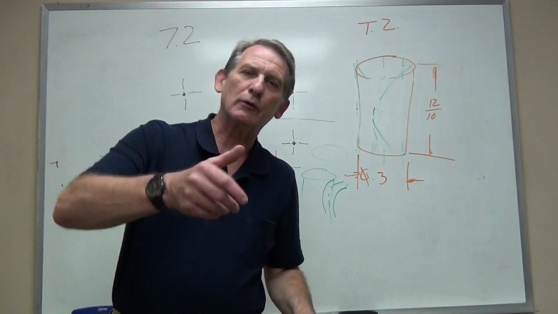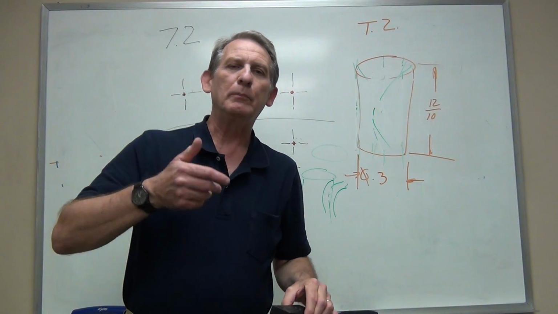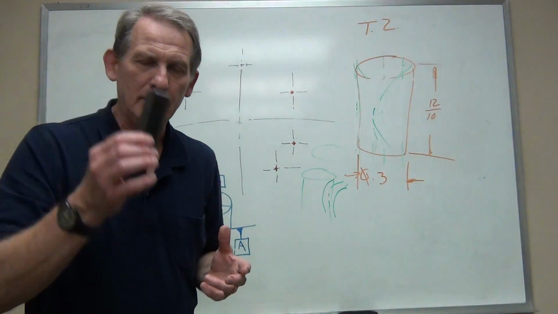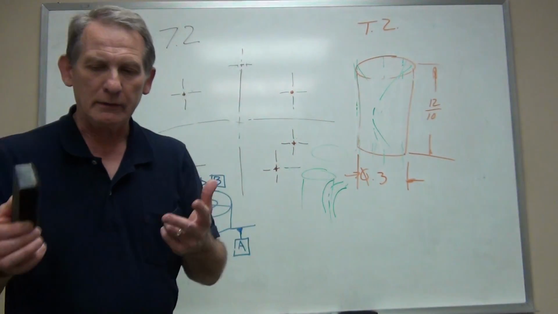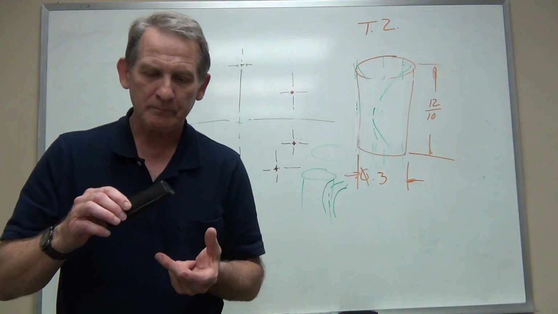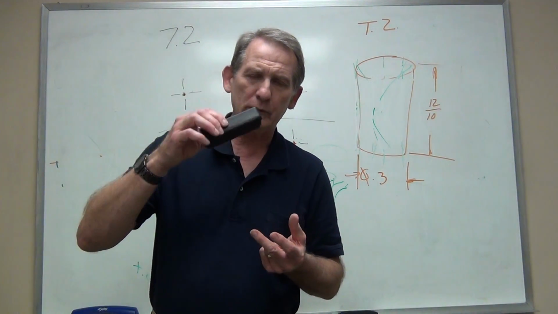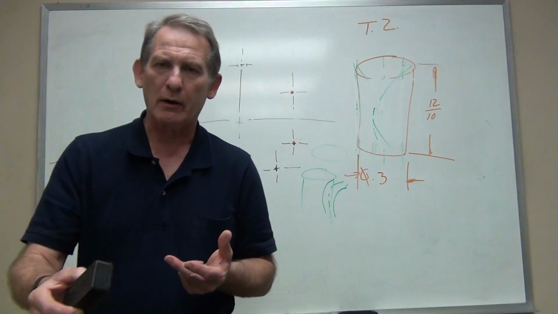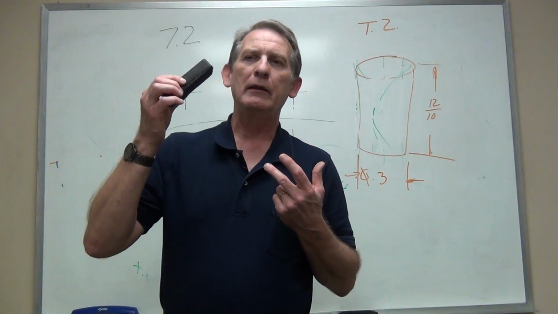That rotational degree of freedom would be a problem for me on a part of this shape. So in the next example, probably in the next video, because I'm running out of time, I'm going to show a part like that where I am going to constrain the part fully.